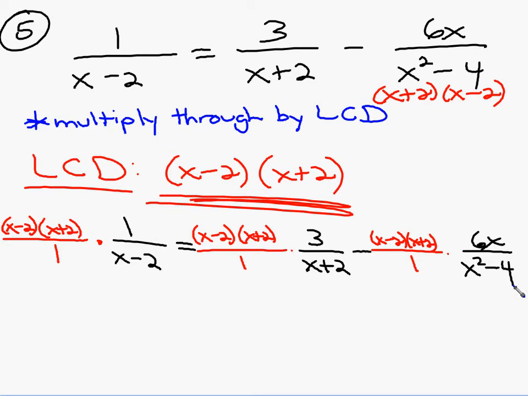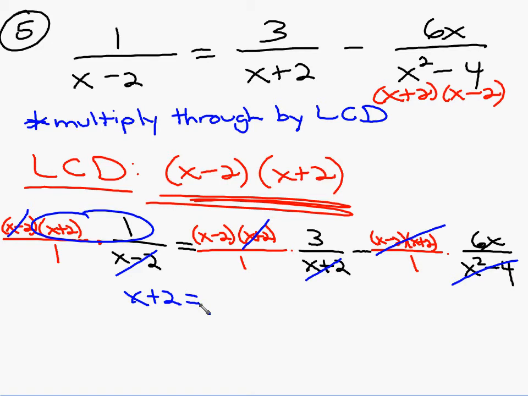And if you do that, then we can get out the slasher and slash away. Boom, boom, boom, boom. Now I can mark out all of this. And now look what we have. I now just have x plus 2 times 1, which is just x plus 2.